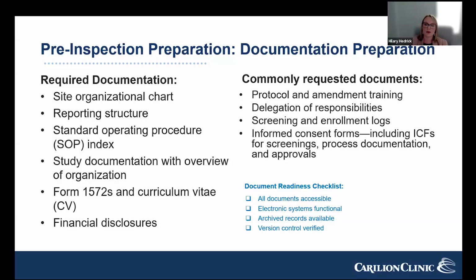Remember that all documents have to be accessible, and that means if it's paper documentation or electronic, systems need to be functional, your archive records need to be available, and then make sure that the version control is verified, so that if a different person has to step in, they can do that. So those are things you don't think about that are helpful to think about in your planning process.